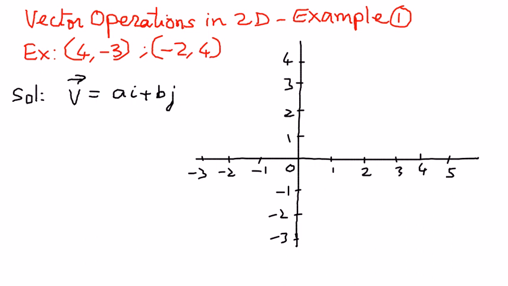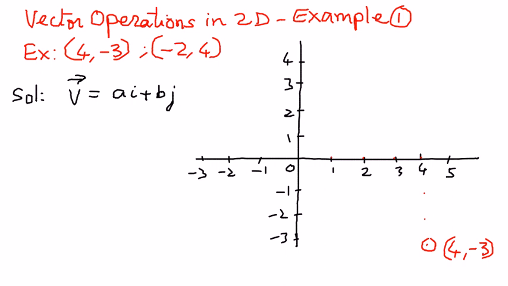The initial point is (4, -3). So we go 4 units on the positive x-axis, 1, 2, 3, 4 units, and then 3 units down, 1, 2, 3 units down. So this point here is (4, -3).